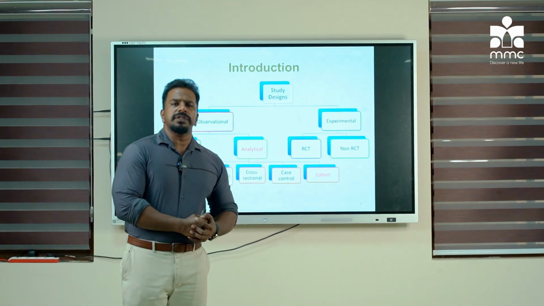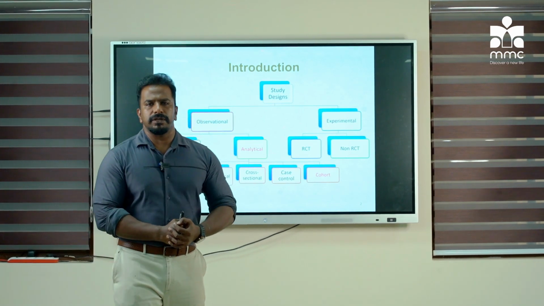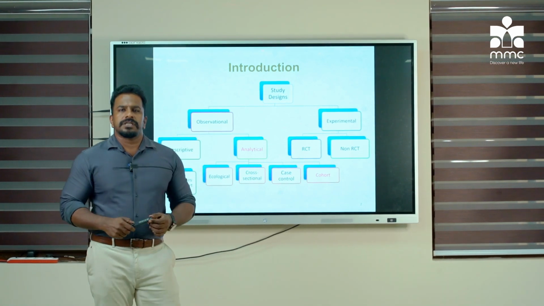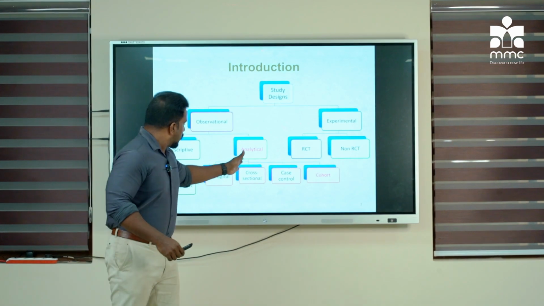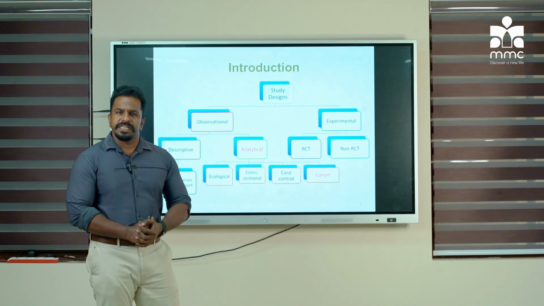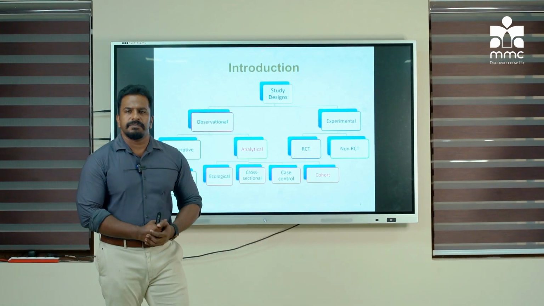If you are looking just for the prevalence of a particular disease in a population, that comes under descriptive cross-sectional study. Cross-sectional study can also come under the analytical part when there is a comparison group.